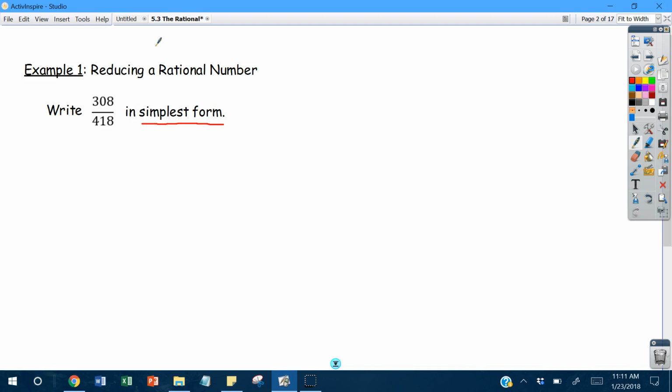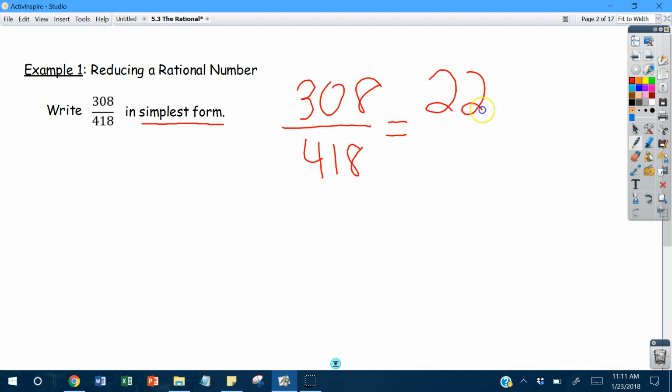So I can write 308 as 22 times 14. I just break it up into those two factors. And I can do something similar with the denominator because it's also divisible by 22. 418 is equal to 22 times 19.